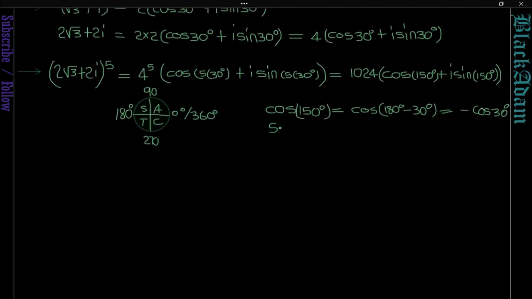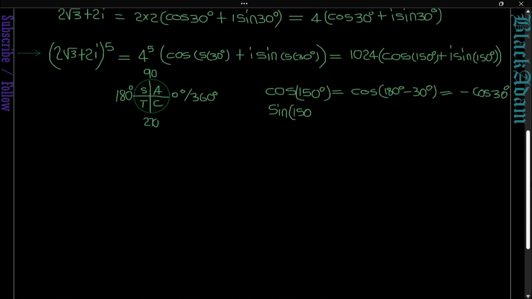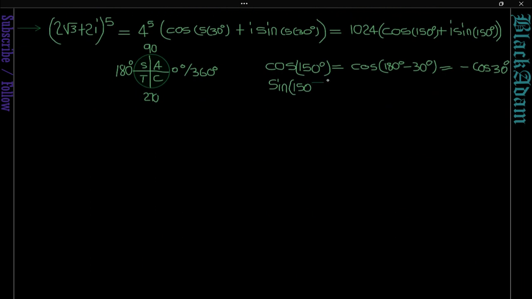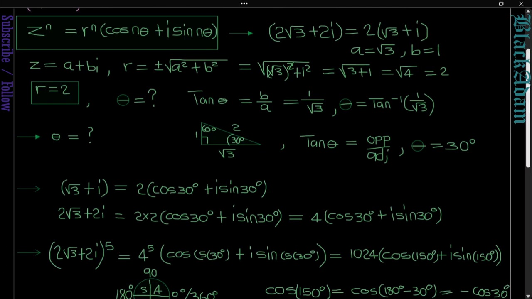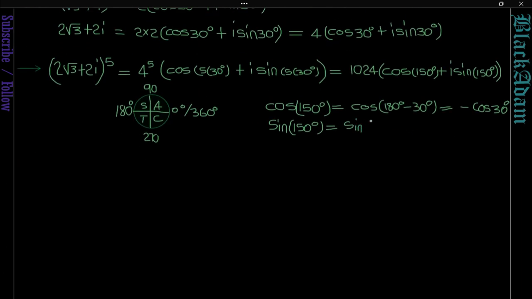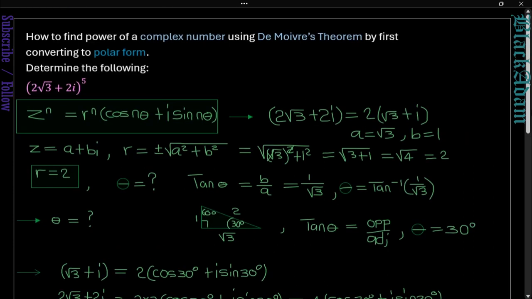We do the same for sine. Sine 150 degrees is sine of 180 degrees minus 30 degrees, which gives us positive sine 30 degrees.